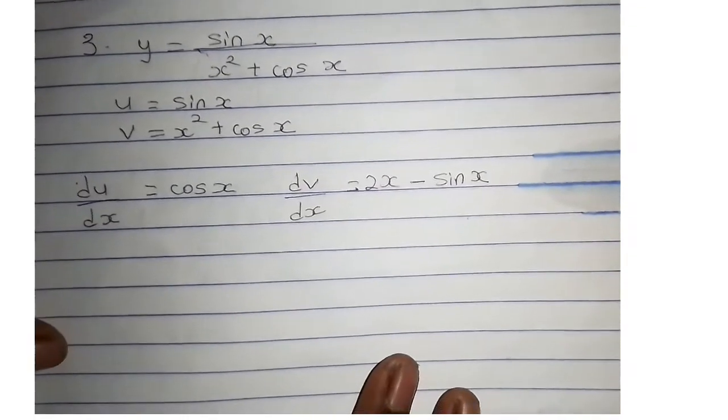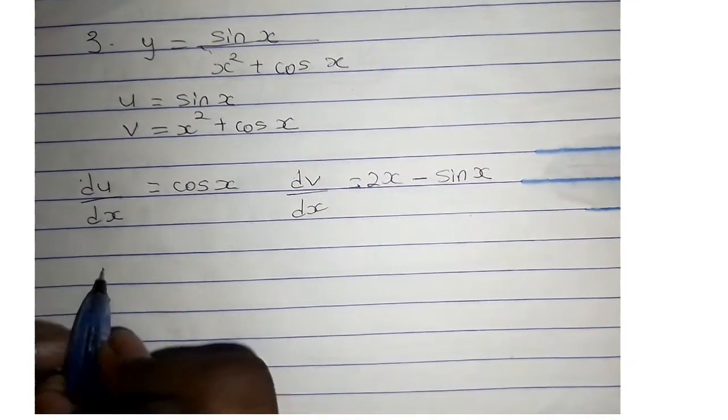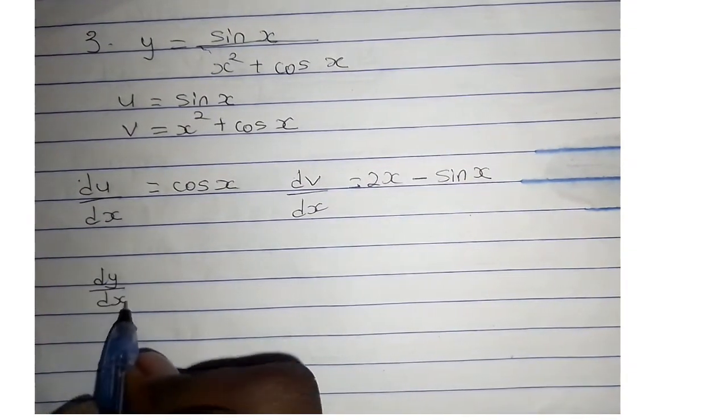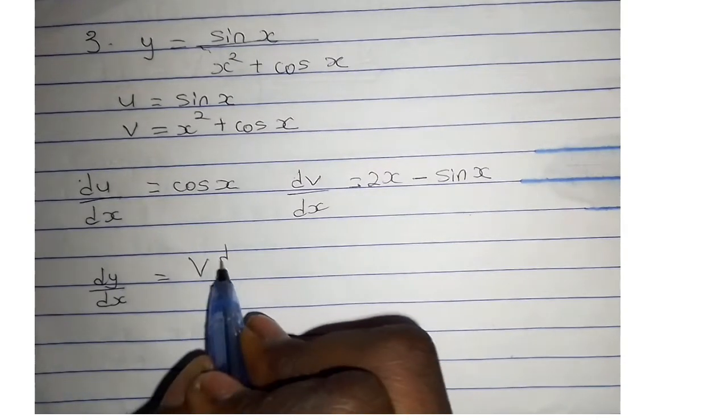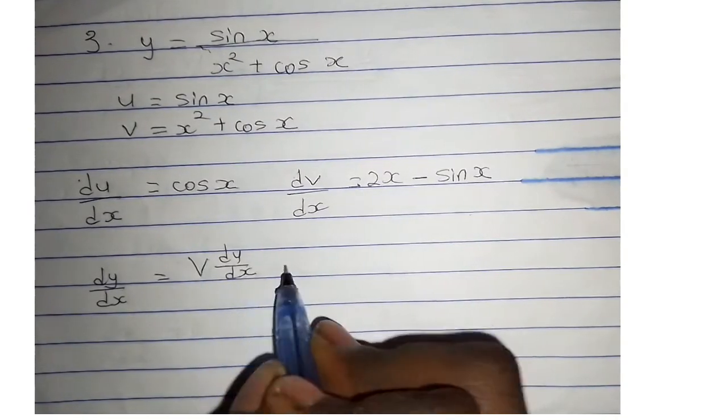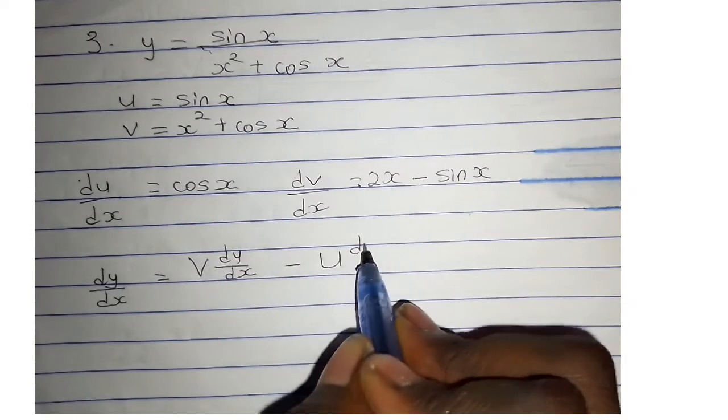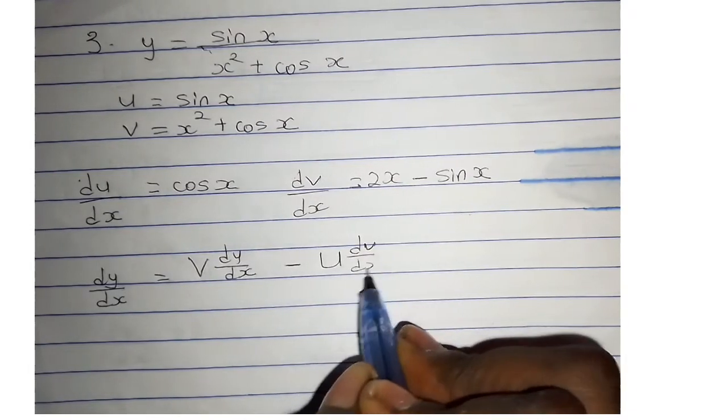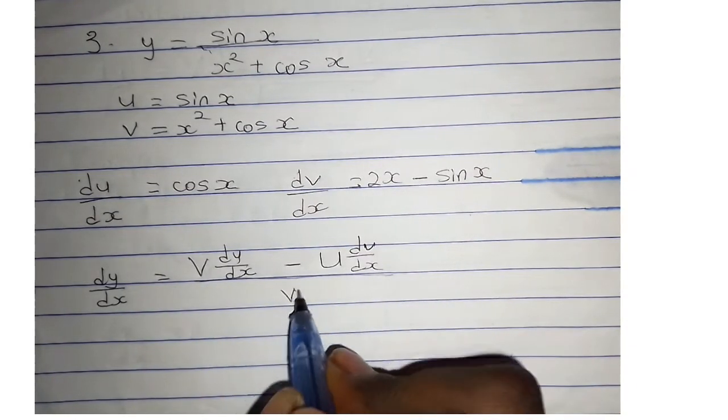Now putting it into the formula for the quotient rule, which is dy/dx equal to v du/dx minus u dv/dx all over v squared.